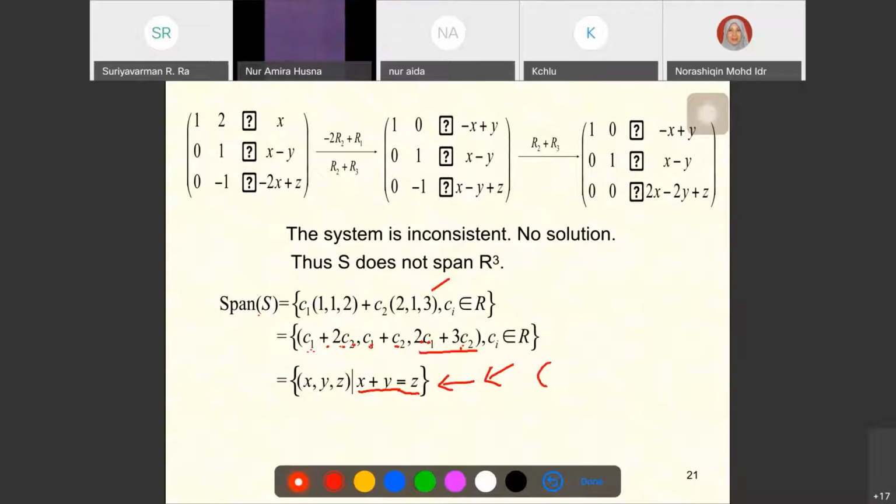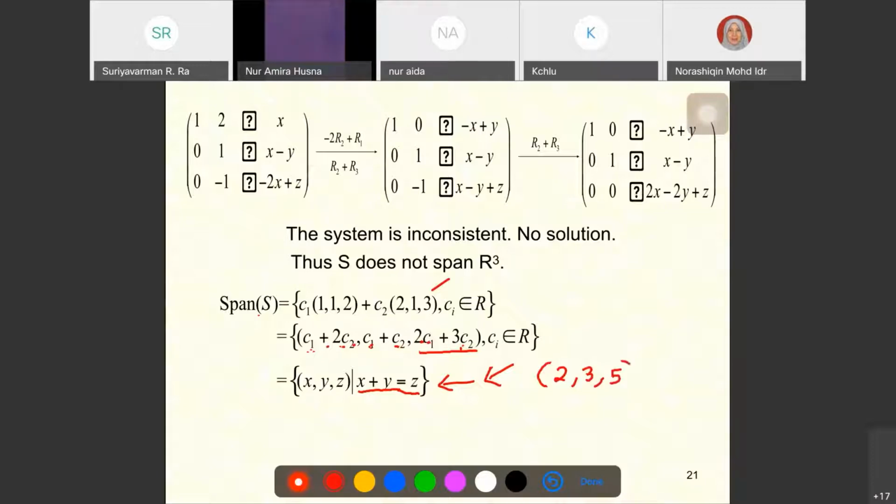2, C1, plus 3 is equal to 5. Wait, the 2C1 plus 3C2: 2, 3, and 5.